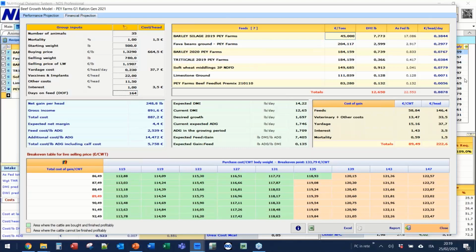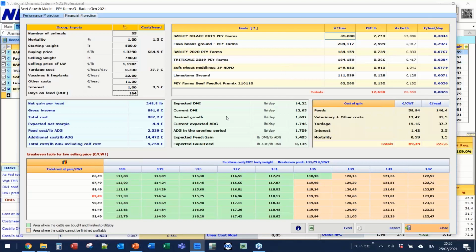We have the diet with some economical aspects of the diet, for example, the cost per head per day, the pounds of dry matter, all the information related to the diet.